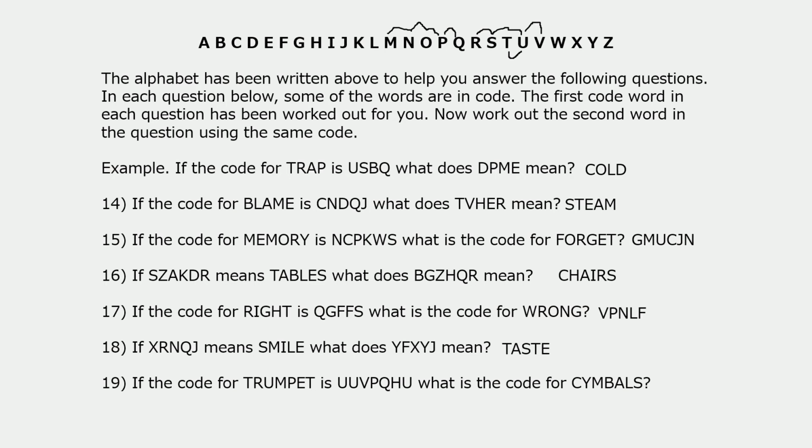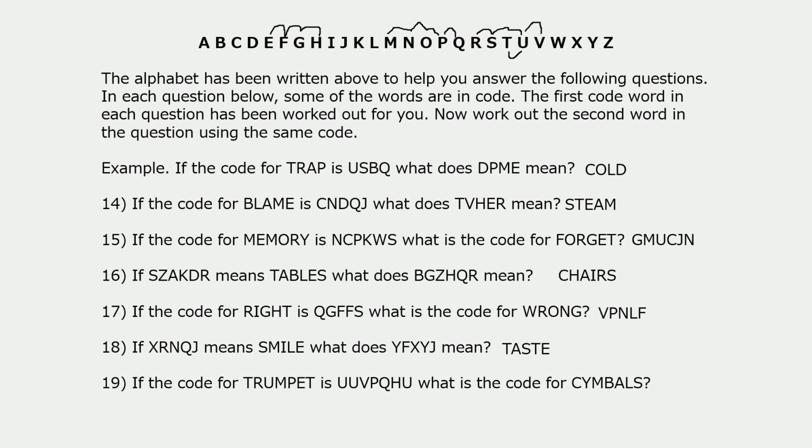E is to H, 1, 2, 3 forward. And T is to U, we already know, 1 forward. So it goes in alternate 1 to 3 forward.